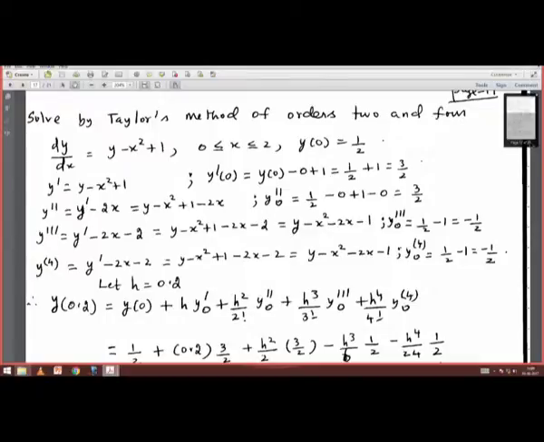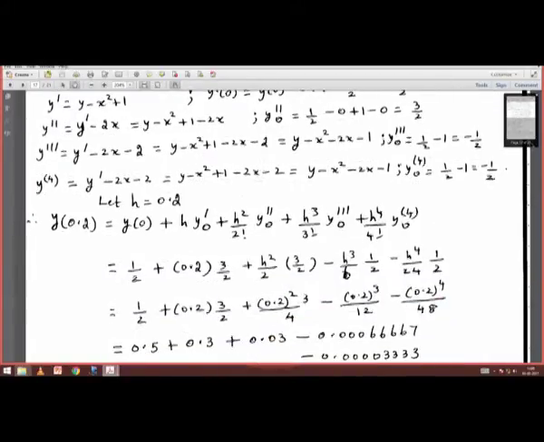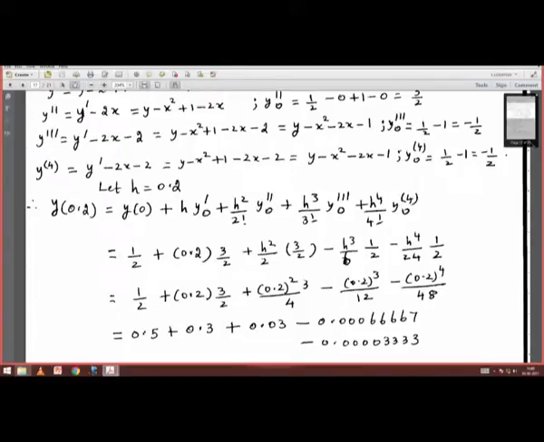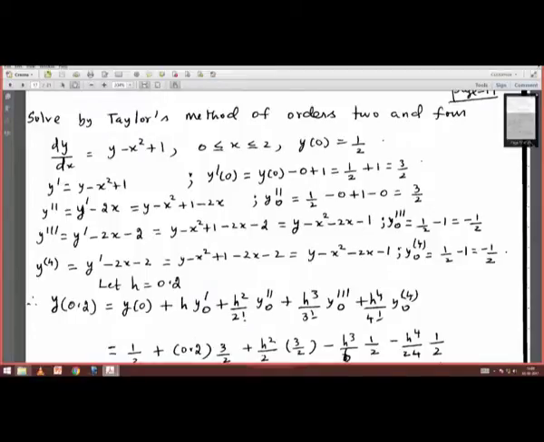Then y double prime at 0: we substitute the values of y at 0, x is itself 0, and so we get this to be 3 by 2. Similarly, we evaluate the third order derivative and the fourth order derivative at the initial point, keep these values ready, and then take the step size to be h equal to 0.2. So, let us take h to be 0.2 and then obtain the solution.